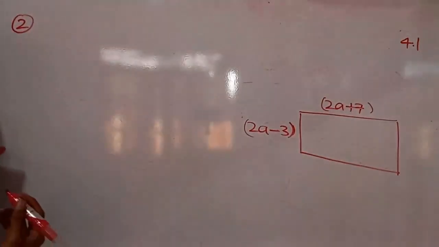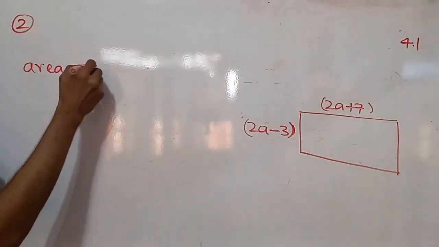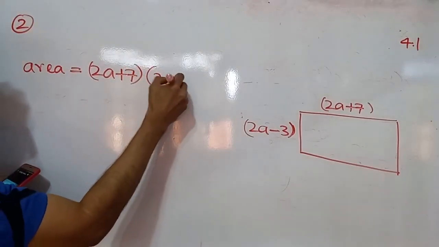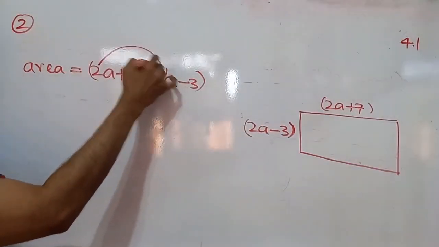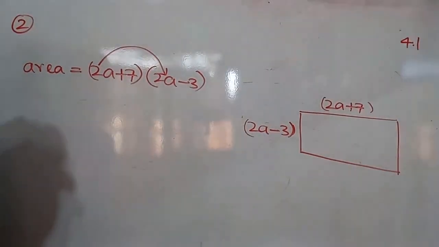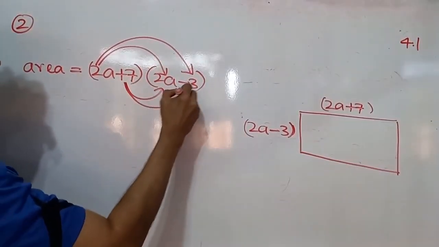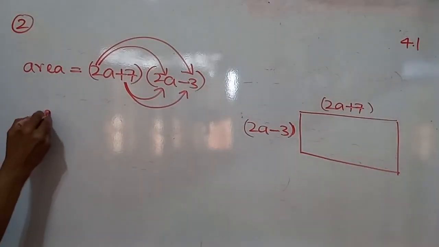So we do the same thing. Area is equal to (2a plus 7) into (2a minus 3). So 2a into 2a, then 2a into negative 3, 7 into 2a, 7 into negative 3. 2a into 2a, that is 4a squared.